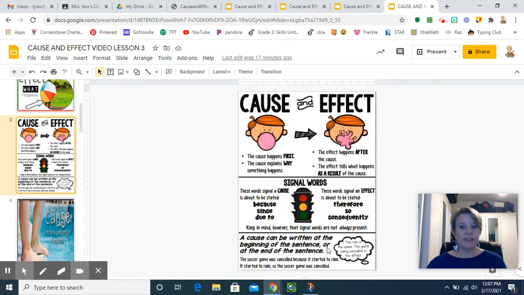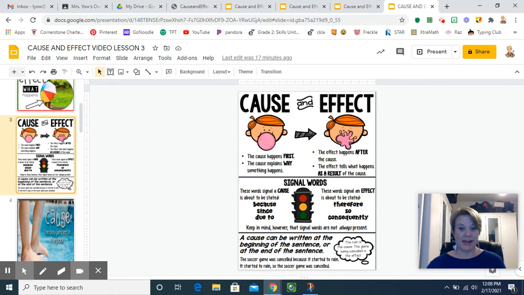And a cause can be written at the beginning of the sentence, or it can come at the end of the sentence. For example, the soccer game was canceled because it started to rain. That signal word because tells me that the next part is going to be the cause, which is that it started to rain. So that cause comes at the end of the sentence.